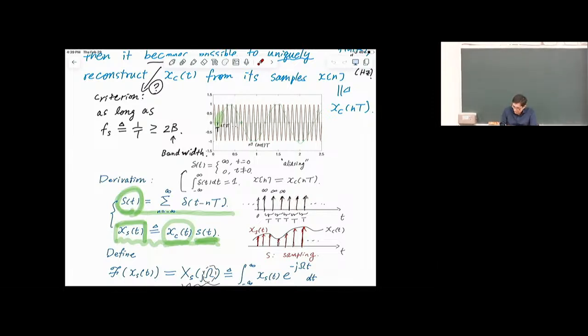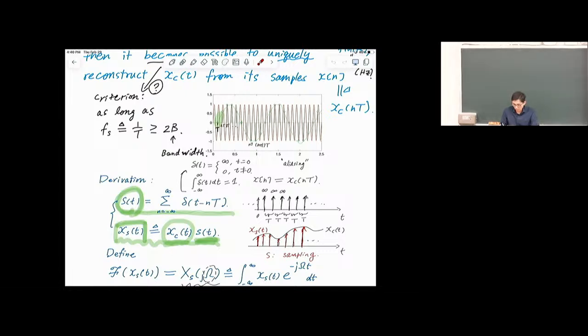The idea is that delta is 0 elsewhere, but infinity at time 0. But we come to believe that there's nothing wrong about assuming the integral of delta of t is equal to 1. It's a commonly used trick. Given this trick, we construct an infinite sequence of delta impulses.